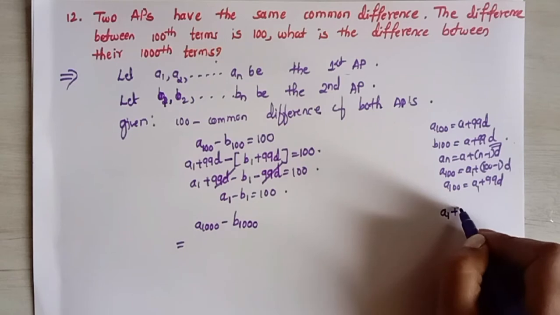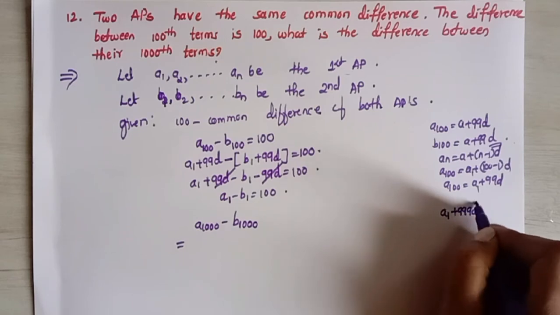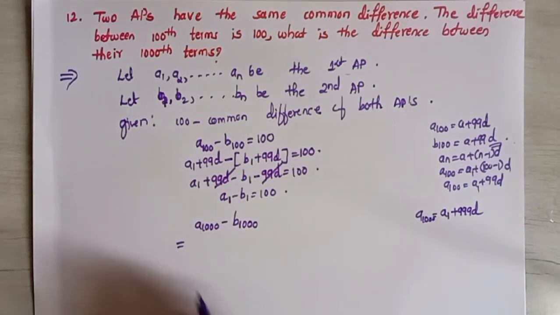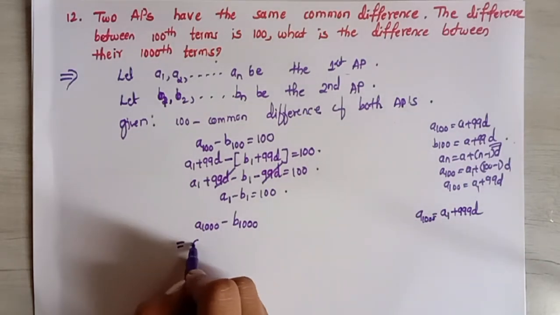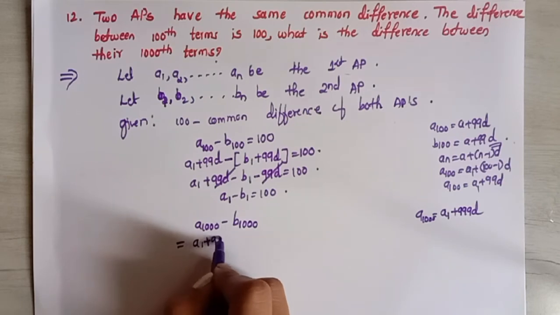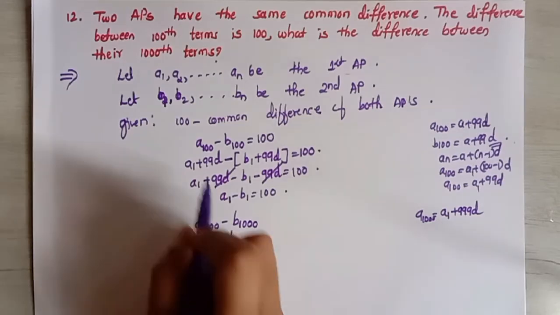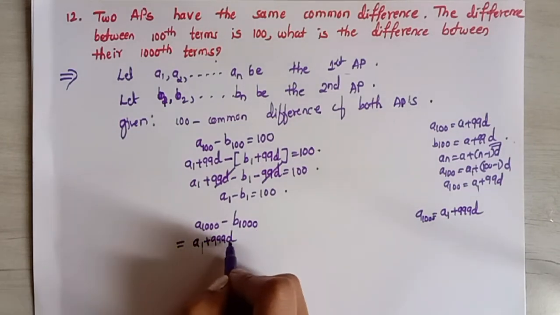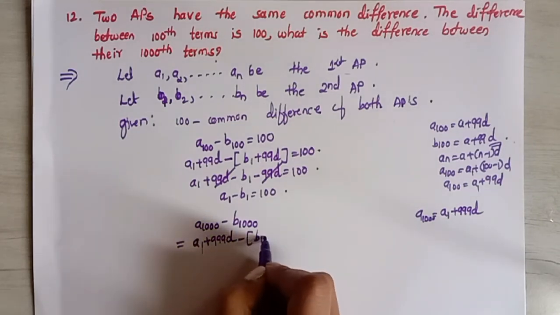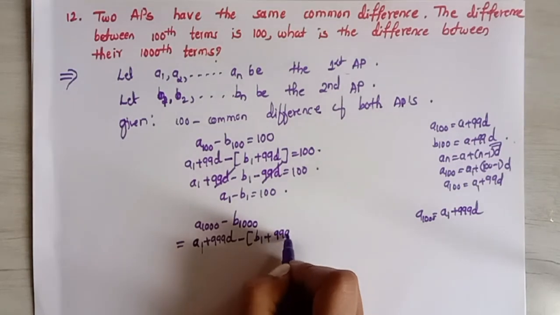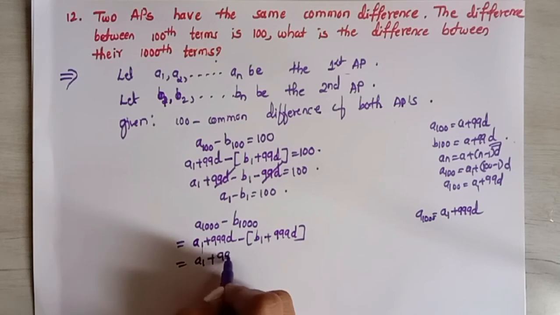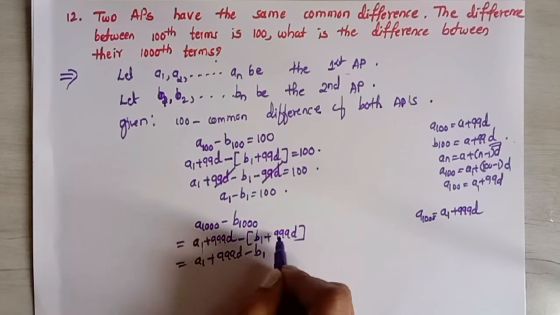So, this will be A1 plus 999d, right? A1000 is this one. Okay, so A1000 is A1 plus 999d. 1 means the first term. Therefore, it is A1 plus 999d minus B1 plus 999d. Okay. So, let us simplify this one. Minus B1 plus into minus is minus 999d.